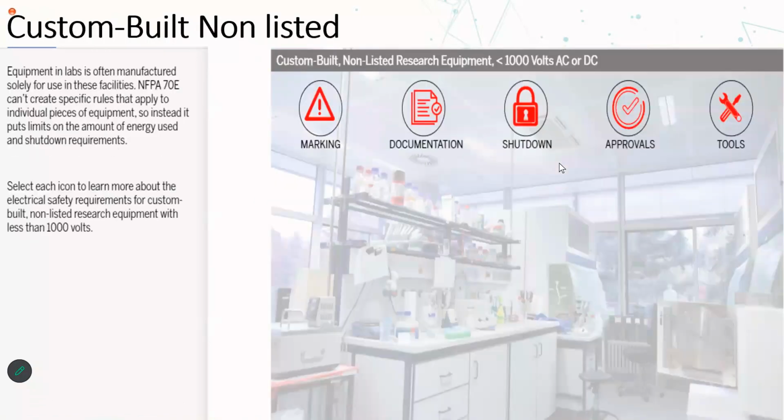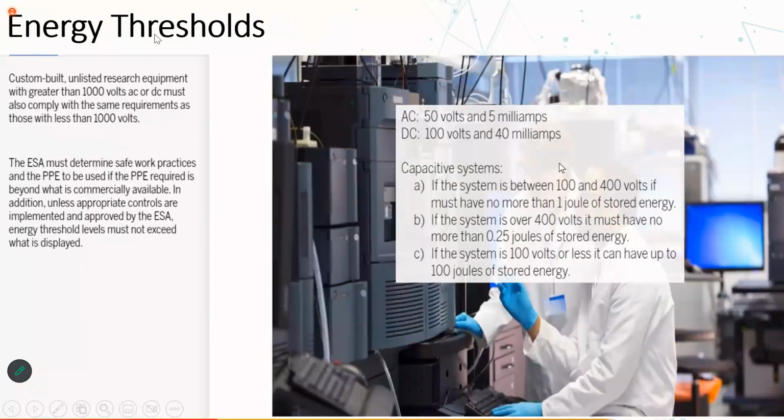Equipment in labs is often manufactured solely for use in these facilities. NFPA 70 can't create specific rules that apply to an individual piece of equipment. So instead, it puts limits on the amount of energy used and shutdown requirements. What are some of the threshold energies related to the task being carried out in the laboratory? If the task is being carried out on AC at 50 volts and 5 milliamperes, it's okay.